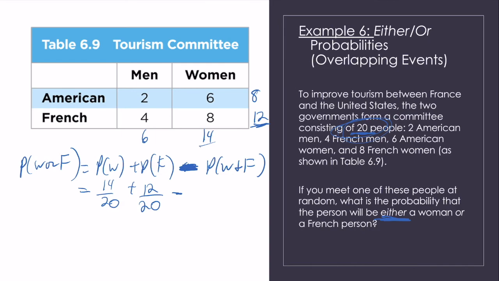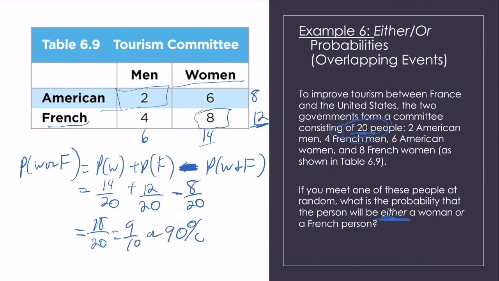That's why we can check our work, and we have to account for the overlap. Well, the probability that you're a woman and French would be where the columns woman and French intersect. That'd be right here. So we subtract 8 out of 20. That would give me a probability of 18/20, right? And that makes sense because the only people who aren't women or French would be these 2 men, which is 9/10 or 90%.